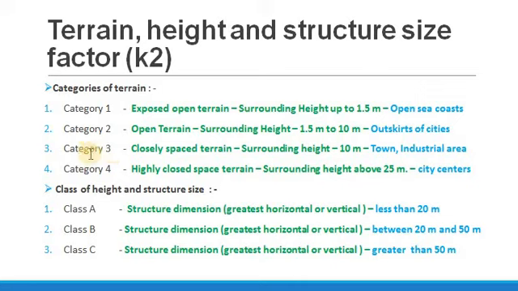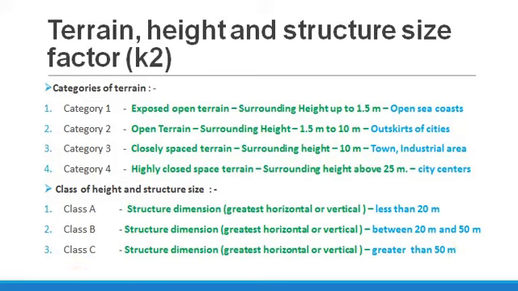Category 2, category 3, category 4, and it has three classes: class A, class B, and class C. The class A, B, C depends upon the structure dimension. Generally, we have three categories of dimensions. One is less than 20 meter, second is between 20 meter to 50 meter, and third one is greater than 50 meter.